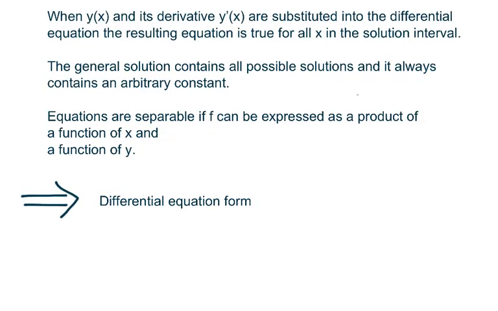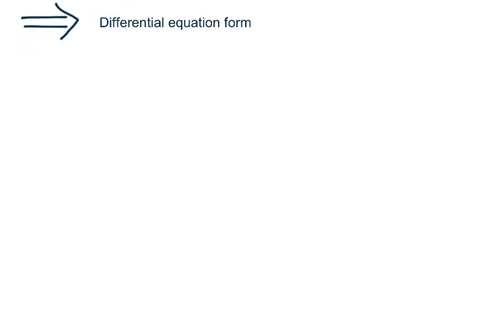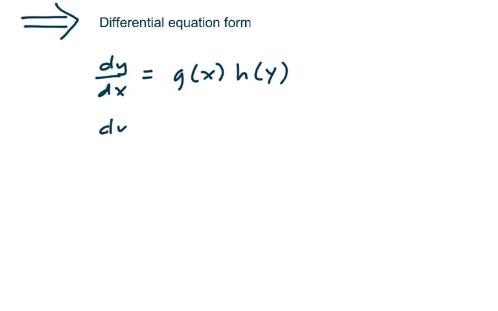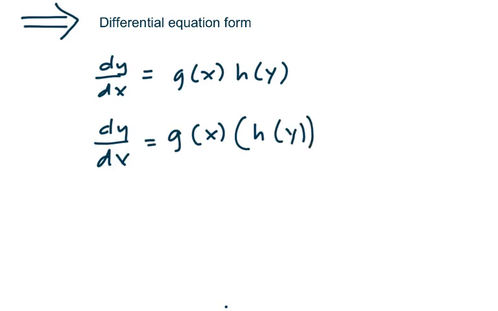This leads us to a standard differential equation form, which I will derive here. So if we think of dy/dx being equal to g, a function of x, times h, a function of y, we can say that dy/dx is equal to g of x times h of y, like this.